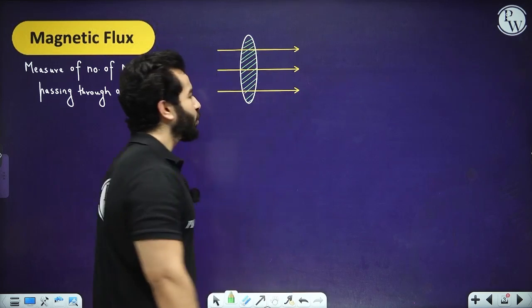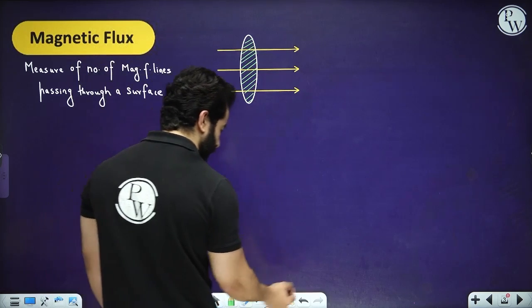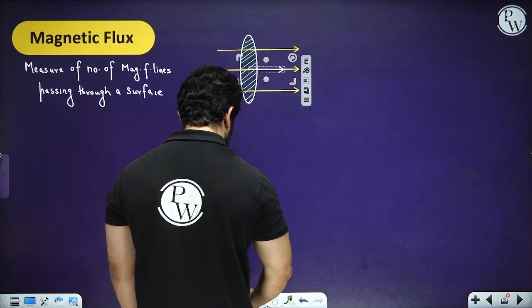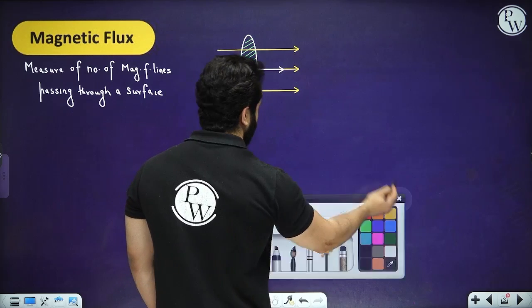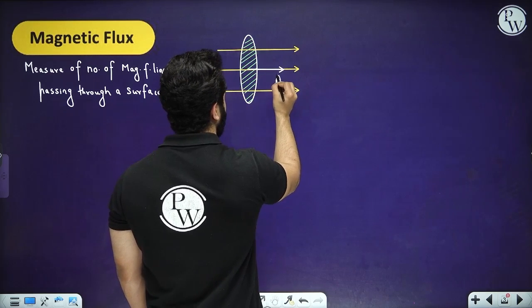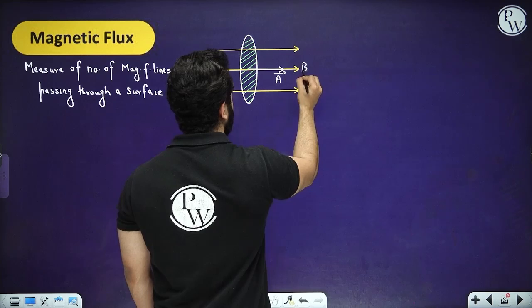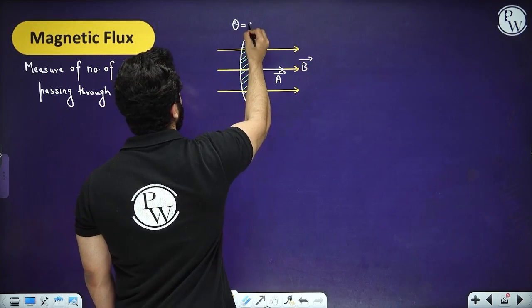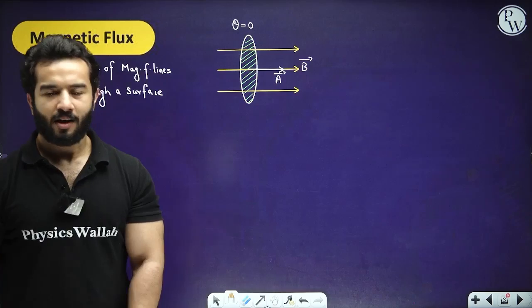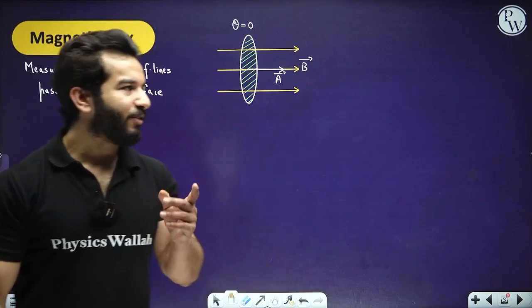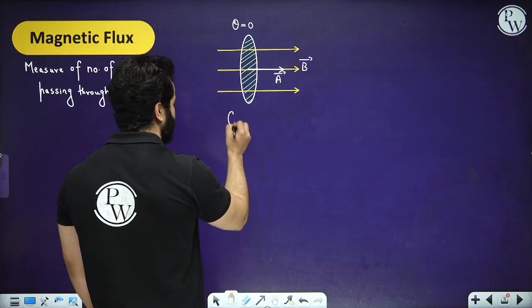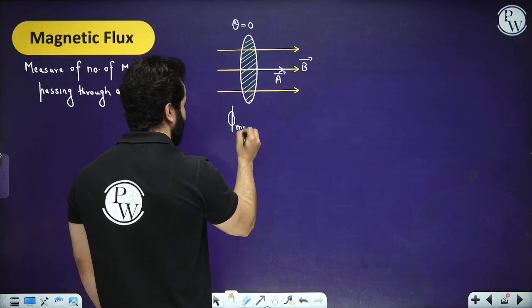If we draw an area vector, perpendicular to the surface, this is the area vector and this is the magnetic field. So in this case, the angle between the area vector and the magnetic field is 0. That means when the angle is 0, magnetic flux is maximum.